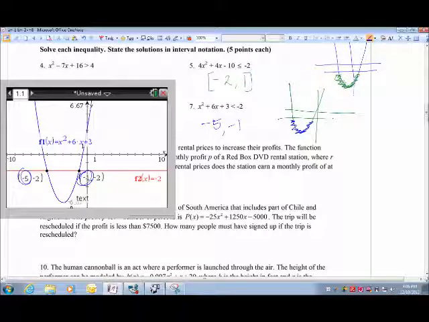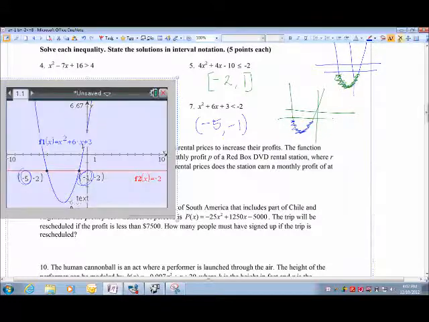Or it looks like it's negative 1. Okay? So now this time, we're going to use parentheses instead of brackets because there's no equals to in our inequality sign. It's just a less than. It's not less than or equal to. So our answer is negative 5, negative 1.